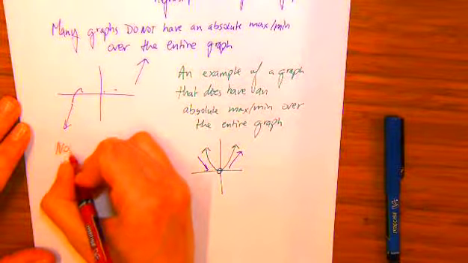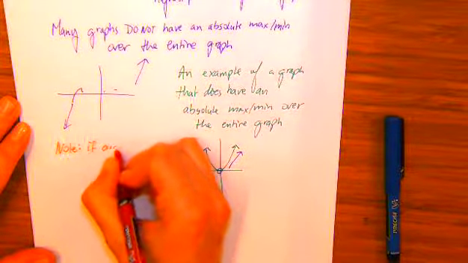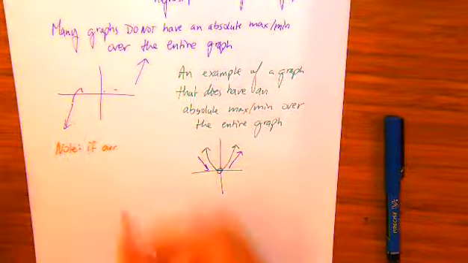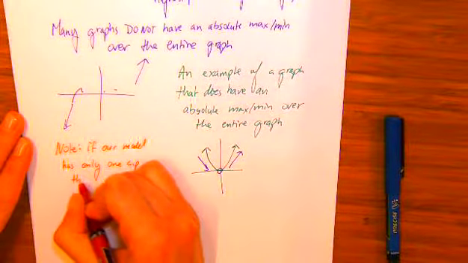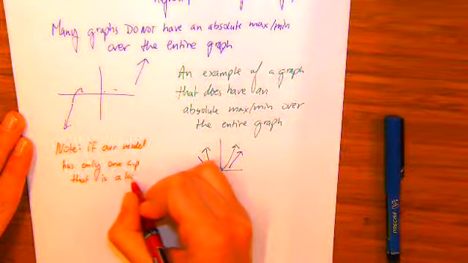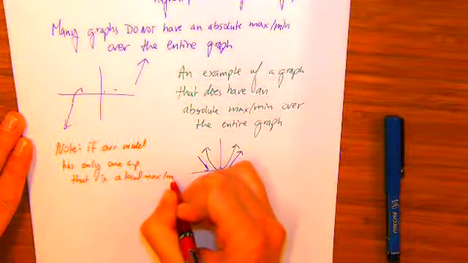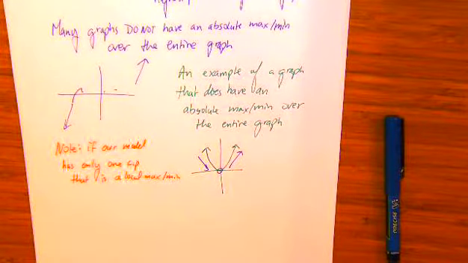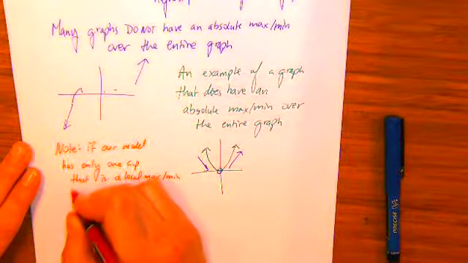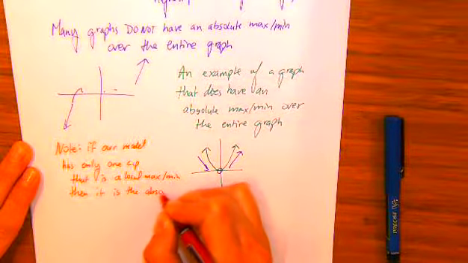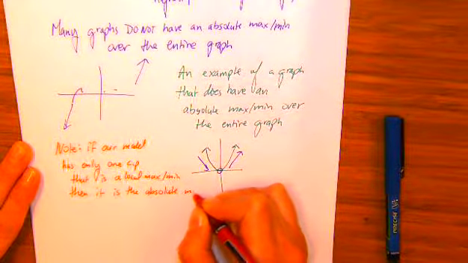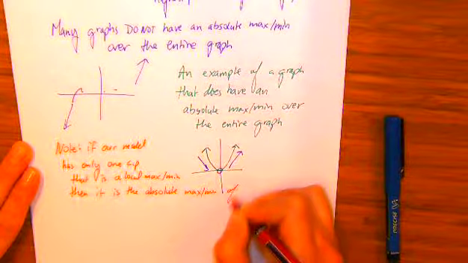If our model has only one critical point that is an extreme point, if it has only one critical point that ends up being a max or min, then it is the absolute max or min of our model.